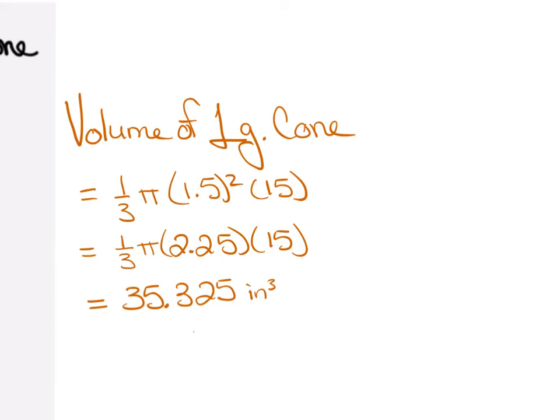So the volume of the large cone can be found by substituting the radius 1.5 into the formula and the height of 15 into the formula. Remember, the formula was 1/3 times pi times r squared times h. This gives us 1/3 pi times 2.25 times 15, which is approximately 35.325 cubic inches.